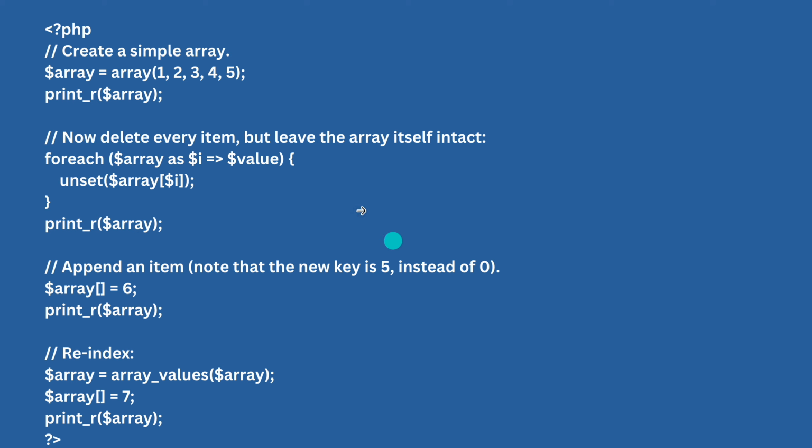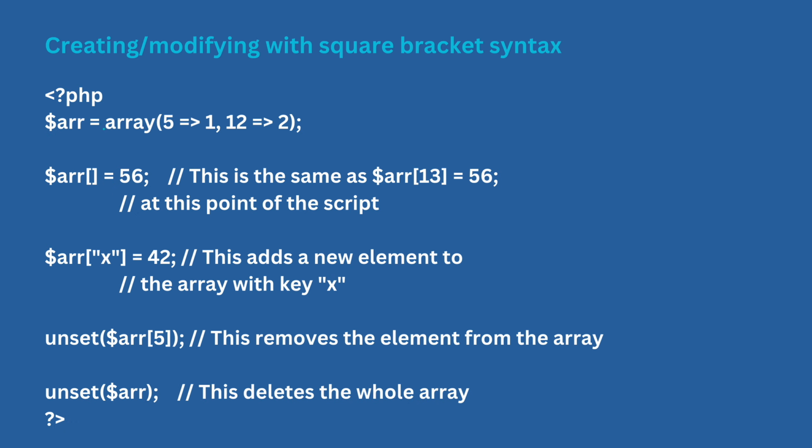So there are some different examples here. A simple array you can create like this, and there is a foreach loop. I'll come to how this is working today. So through looping, it's deleting all the elements, right? Suppose there are 100 elements in an array and you want to delete 50 elements.